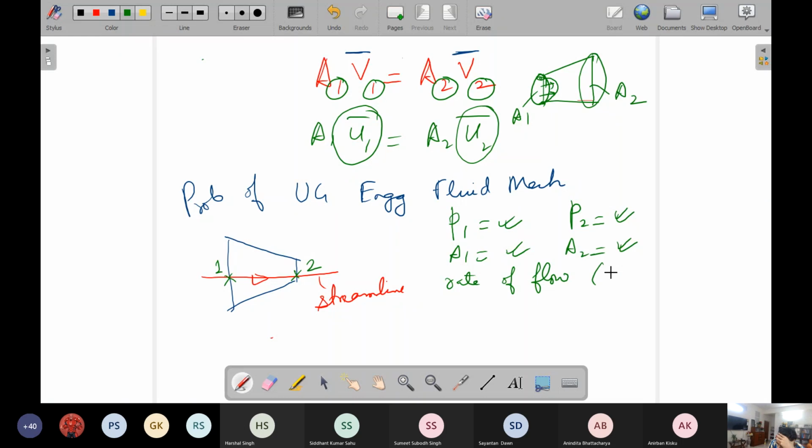Rate of flow means expecting in units of meter cube per second. Basically, volumetric rate of flow, not mass. And it is given density is constant. That much simplification is there.